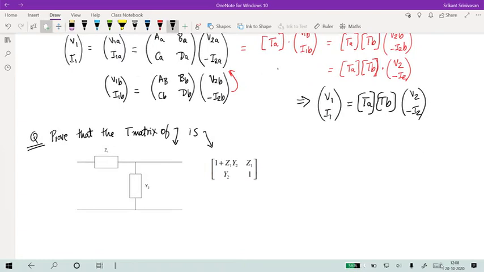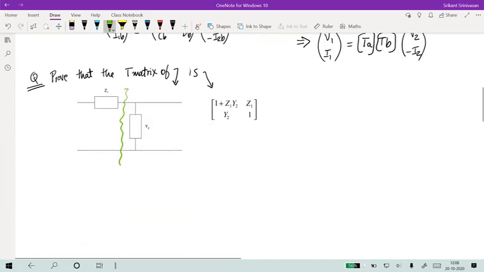Okay, so let's put some divider line. So now it's a two-port network. There are two-port networks. So let's start with network A. Network A requires a transmission matrix of this element. That's it.